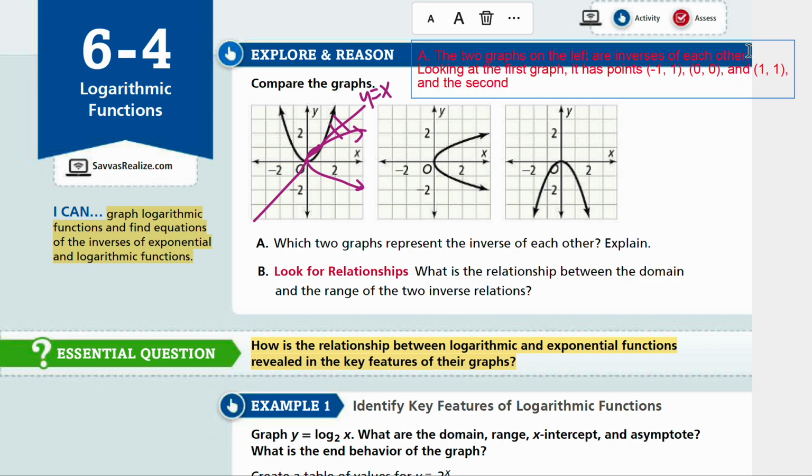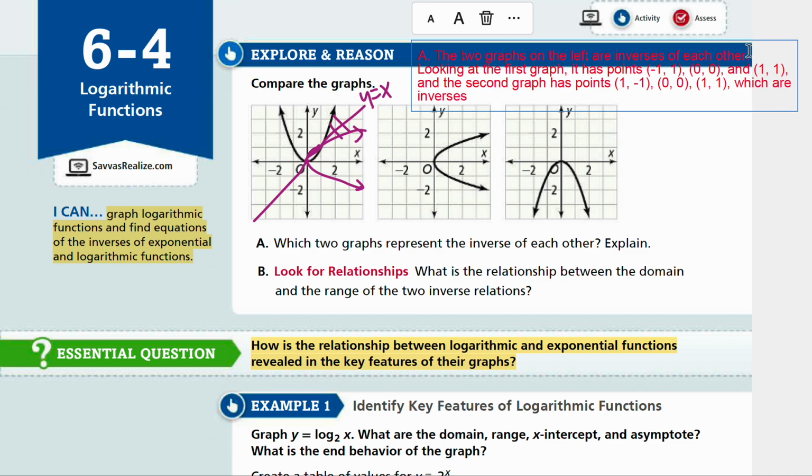And the second graph has points (1, -1), (0, 0), and (1, 1), which are inverses of each other. So x and y are flipped, right? And if you look at the points here, you have (0, 0). That could maybe be switched, but you have (-1, -1) and (1, 1), and it's not inverses of any of these two. So if you look at specific points, you can explain it algebraically.